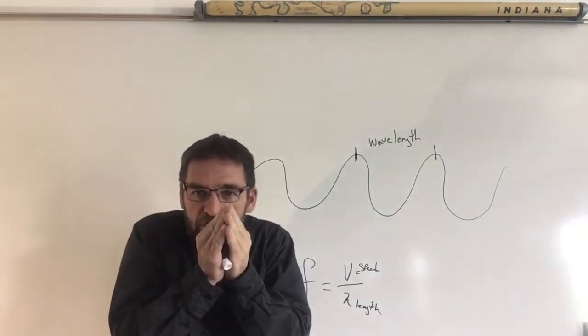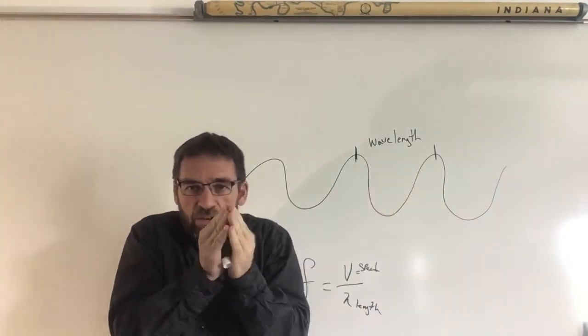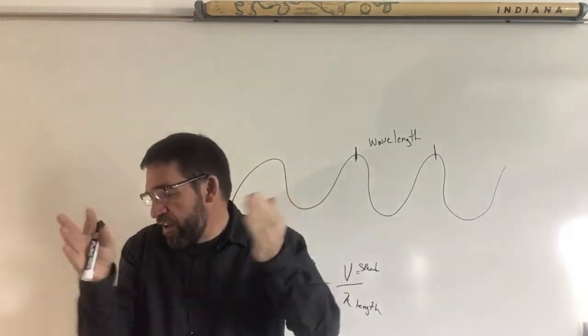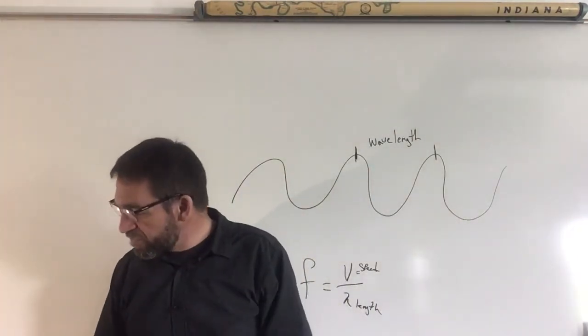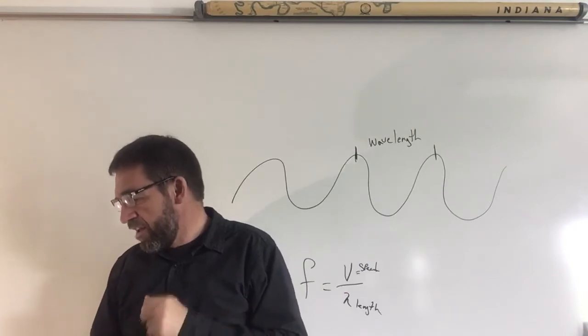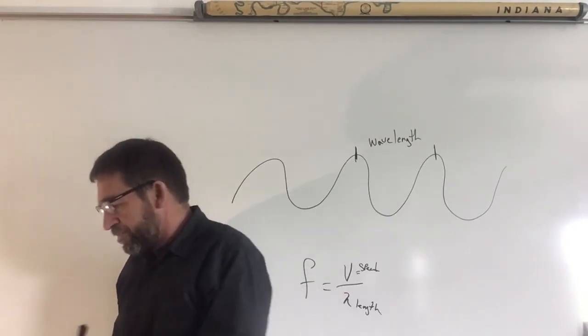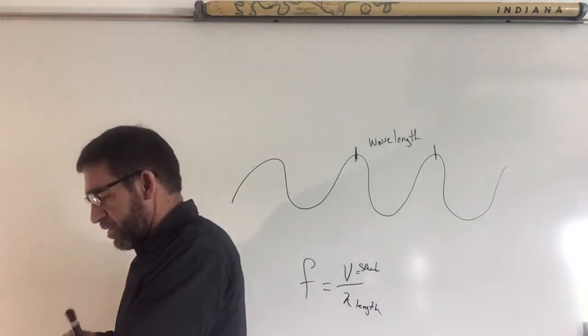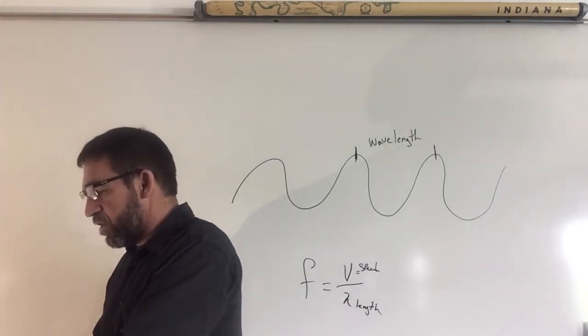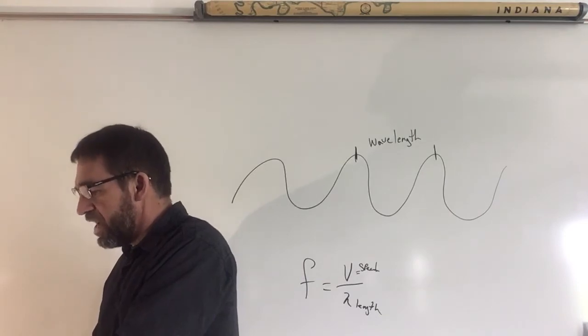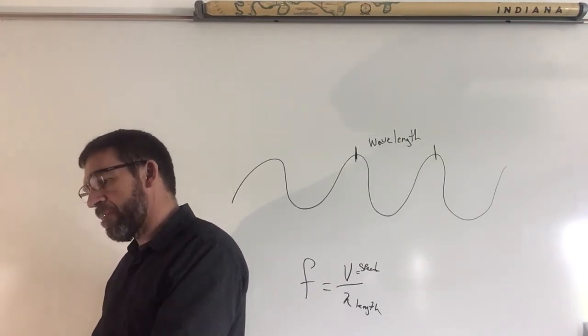It's compress, rarefy, compress, rarefy, compress, rarefy. That is the wave movement. You've got a good figure there of how that works. Compressions and rarefactions are always with the longitudinal wave.